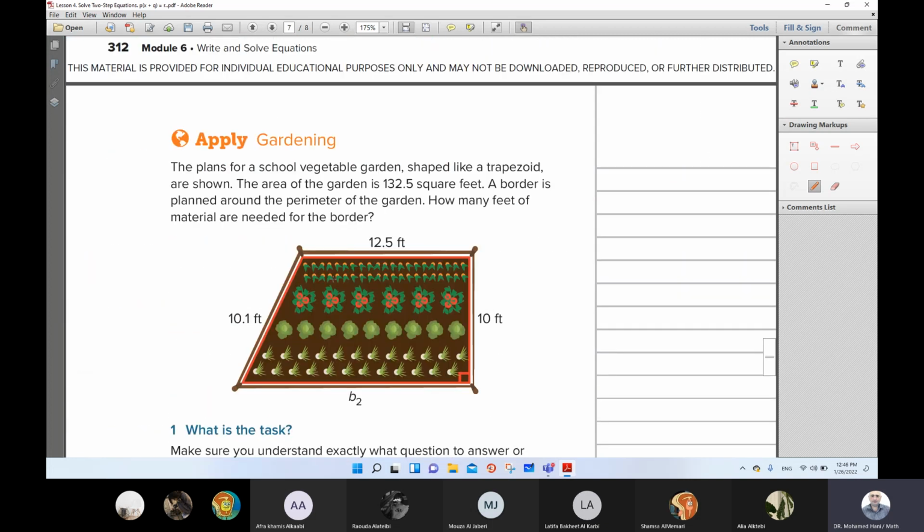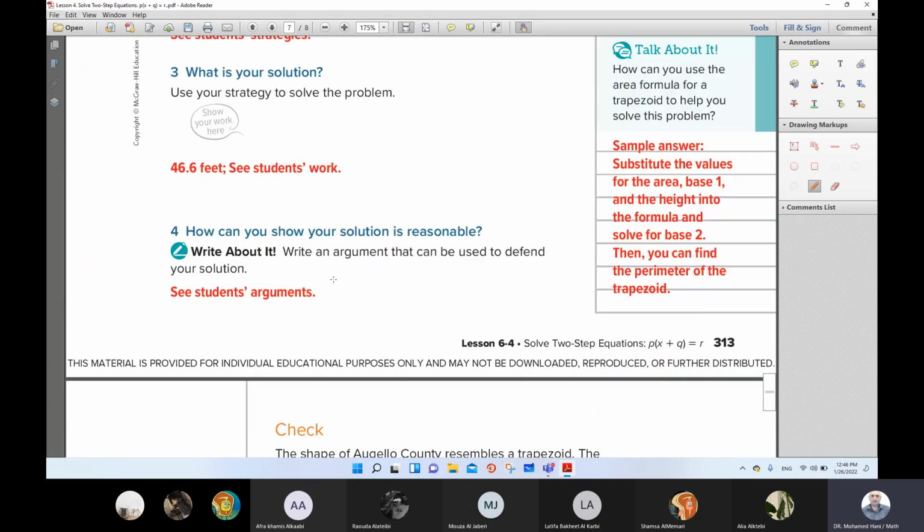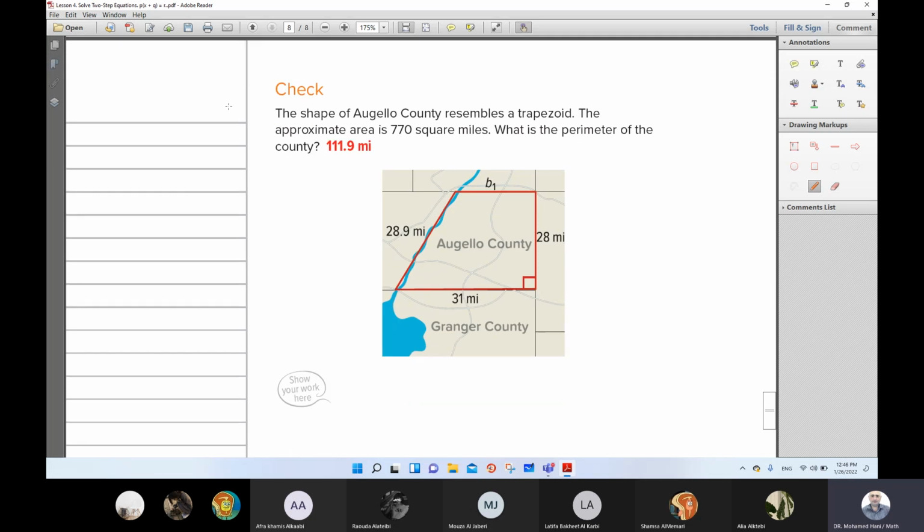We have the last example now in this lesson. The shape of Ujelo County resembles a trapezoid. The approximate area is 770 square miles. What is the perimeter of the county?